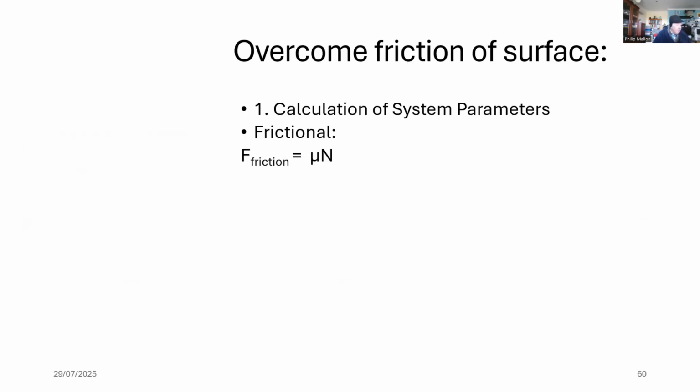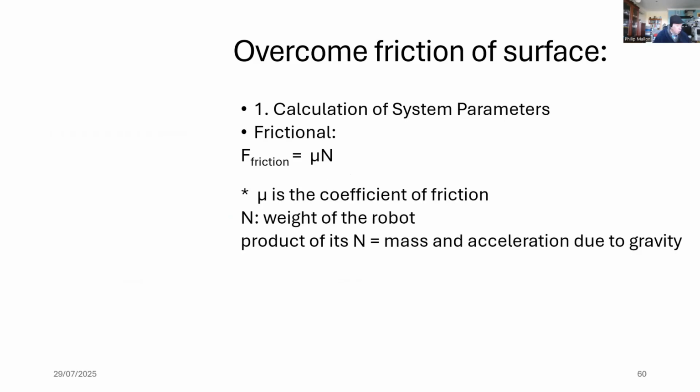Okay, so we'll start off calculating the friction of our surfaces. The formula for the force of friction is mu times N, where N is the weight of the robot, a product of the mass and the acceleration due to gravity. Mu is our coefficient of friction, and we can find those by looking up tables.